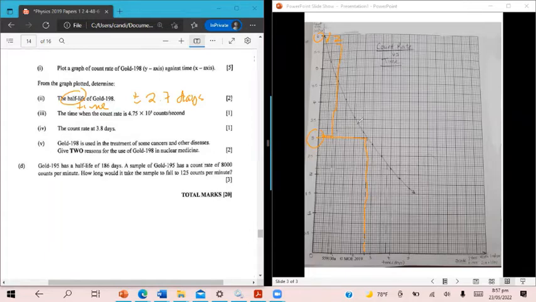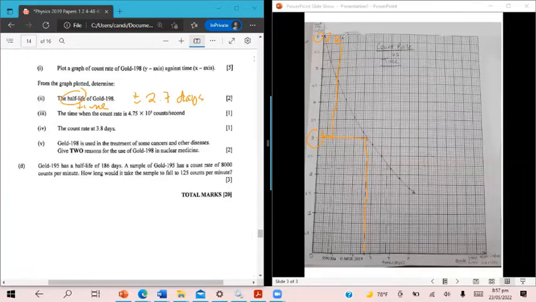Let's find that. It's a little light on my graph, so I'm going to draw it again for you. 4.75 is going to be about here.